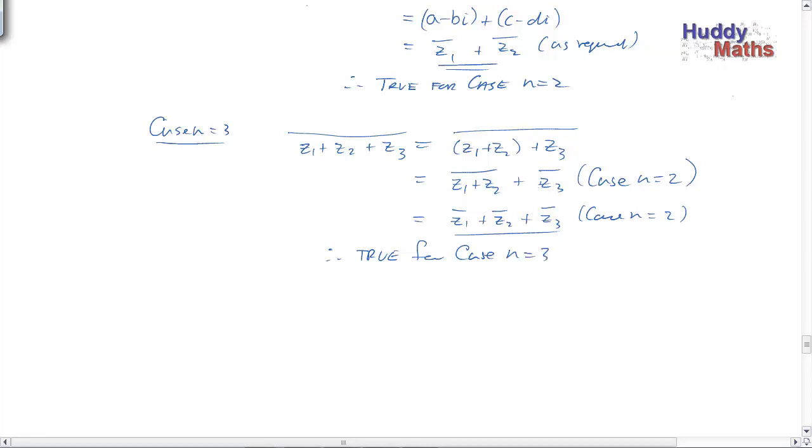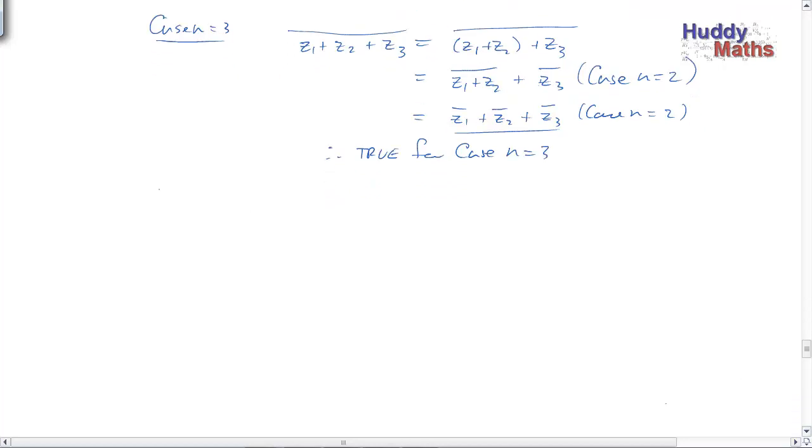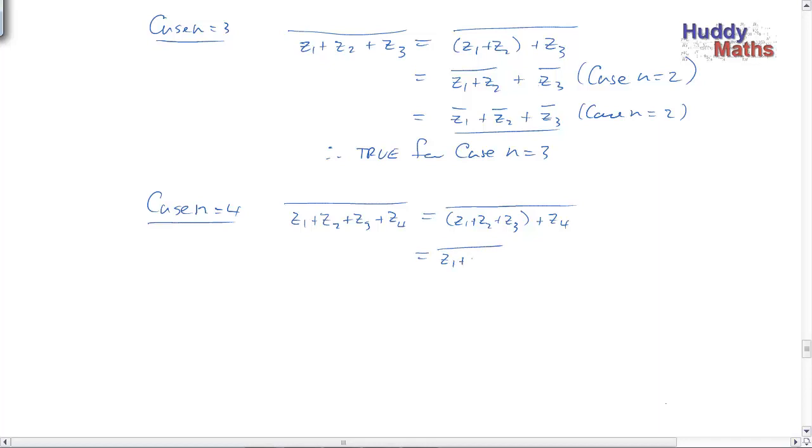You see what we're doing? We're just going to keep this rolling on. Case n equals 4. So here the conjugate of z1 plus z2 plus z3 plus z4 equals the conjugate of z1 plus z2 plus z3 plus z4. See what I'm doing? Same pattern. It is the conjugate of this one using case n equals 2, because I'm considering that first line as those two terms.